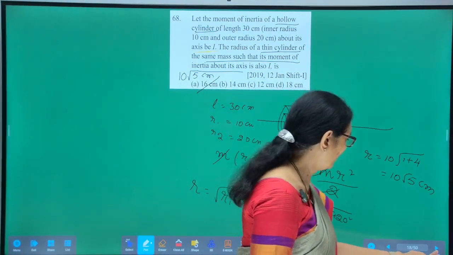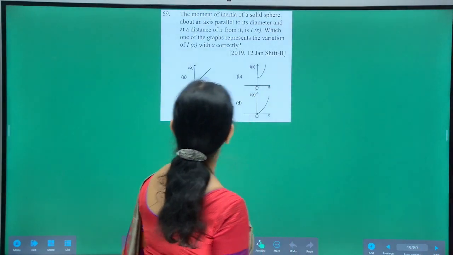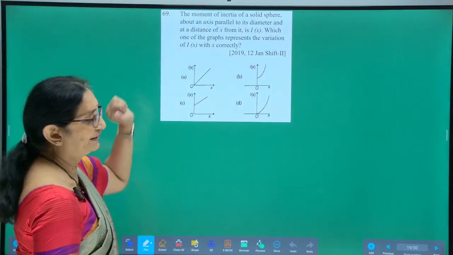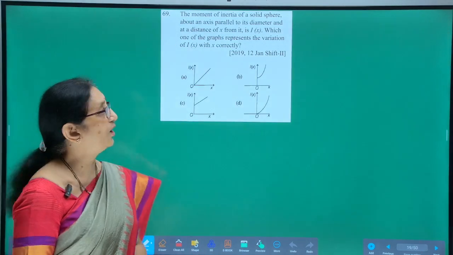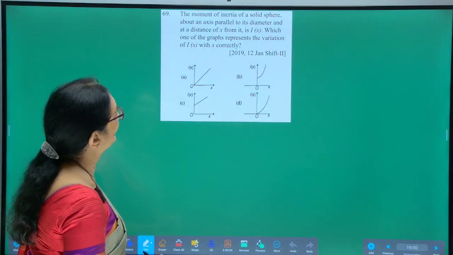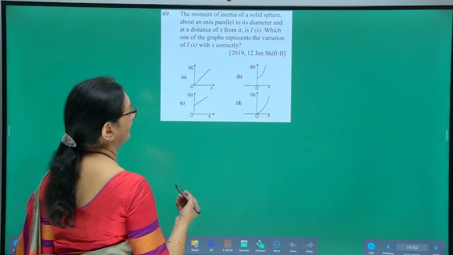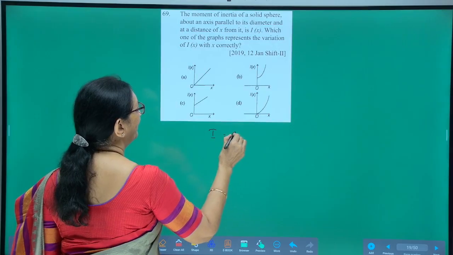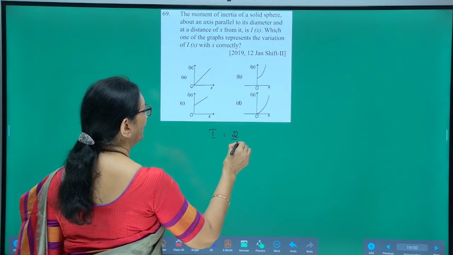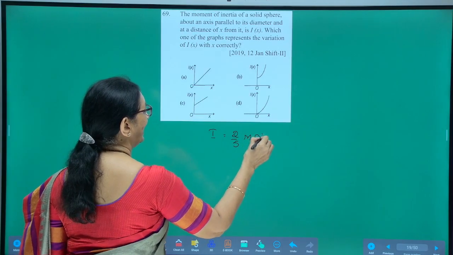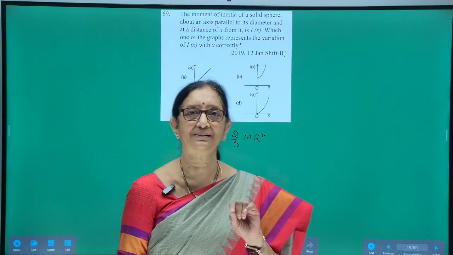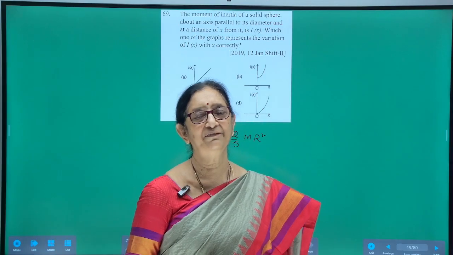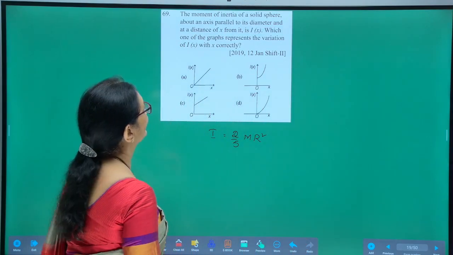Okay. Now, move on to the next problem. Look here. Moment of inertia of a solid sphere about an axis parallel to its diameter. For a solid sphere, about any axis passing through the center, the moment of inertia is 2 by 5 mr square.